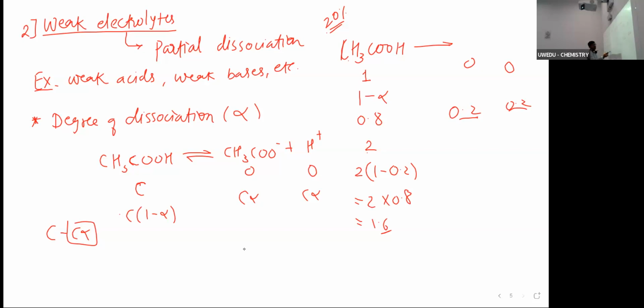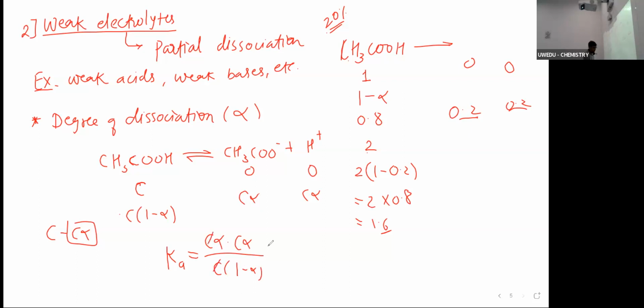And then there is one concept called degree of dissociation or dissociation constant, Ka. Dissociation constant of acid, or Kc, equilibrium constant, whatever you want to write, Kc, Ka, or Kb. This dissociation constant is equal to the concentration of products, C alpha into C alpha, divided by the concentration of reactant, C into 1 minus alpha.